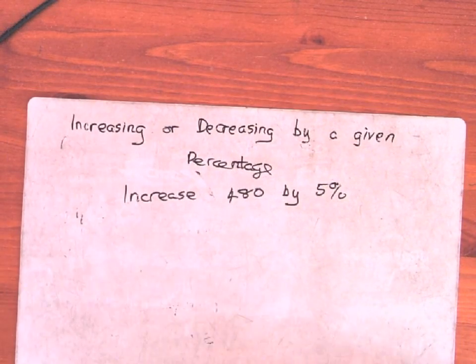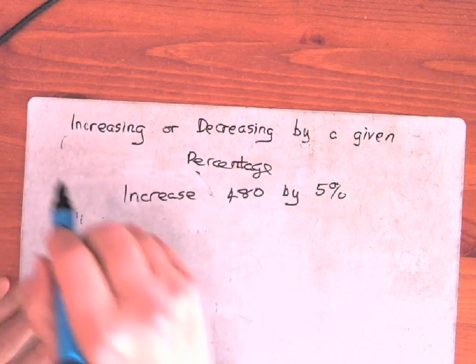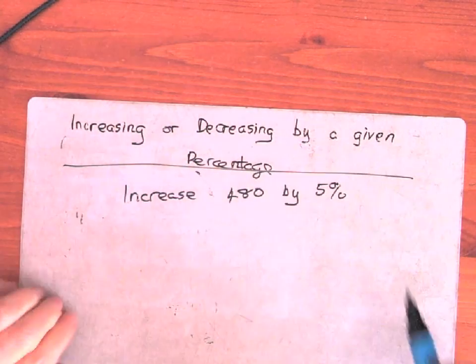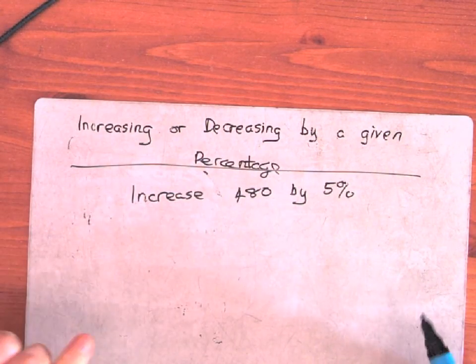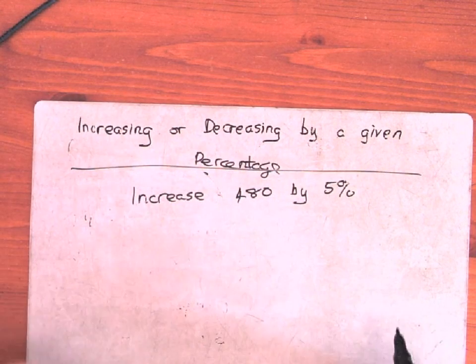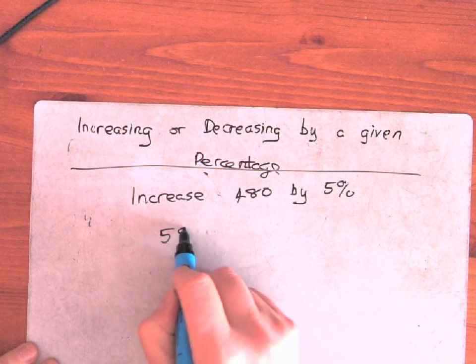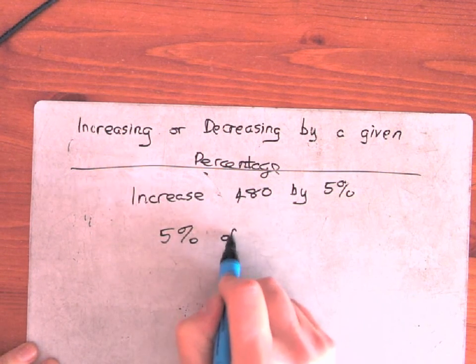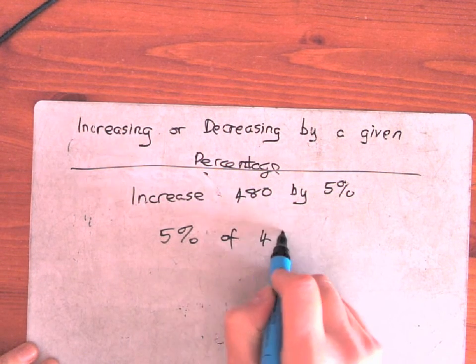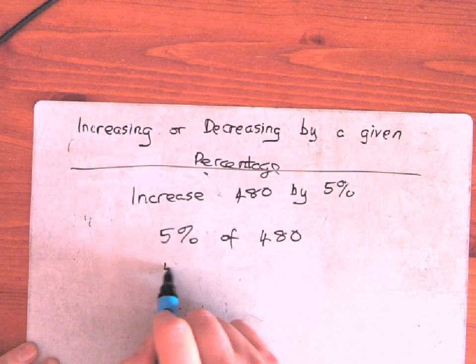Next thing is increasing or decreasing by a given percentage. For example, increase 480 by 5%. What that means is get 5% of 480 and add it on. So you want to get 5% of 480. 5% means 5 out of 100.